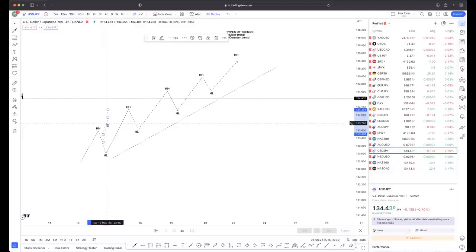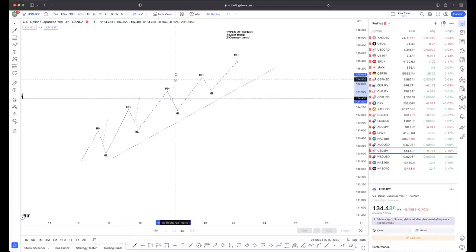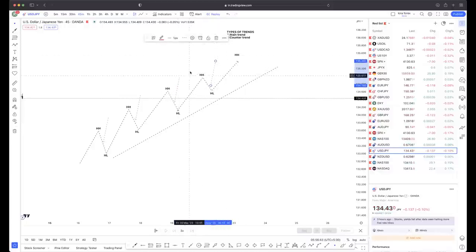That is our counter trend. When you are trading, you should know the type of trend you are trading to help you be consistent in the market.